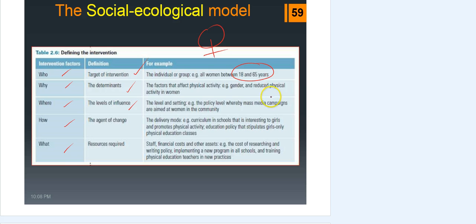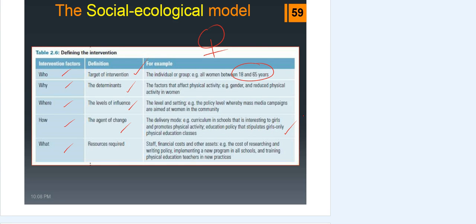Policy level, whereby mass media campaigns are aimed at women. The agent of change, so what we're looking at is the delivery mode. Curriculum in schools that is interesting to girls and promotes physical activity education. Policy that stipulates girl-only physical education classes.